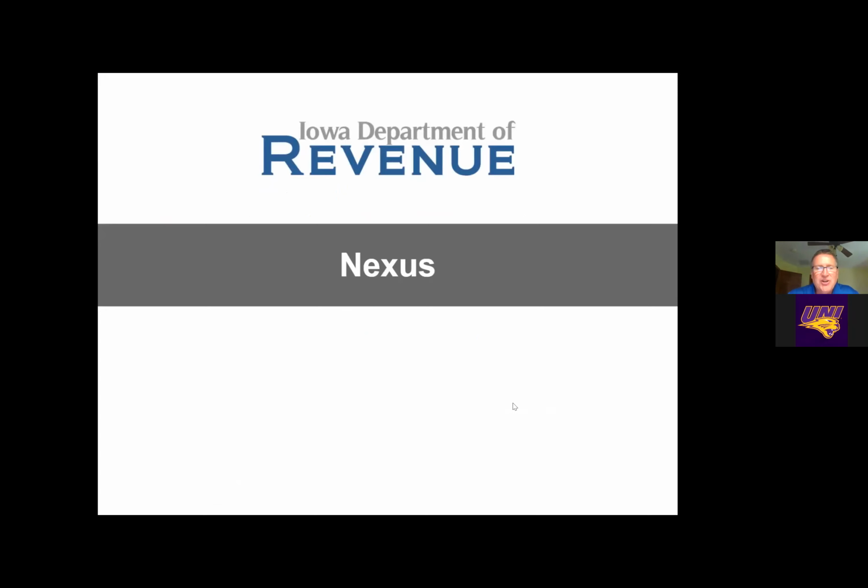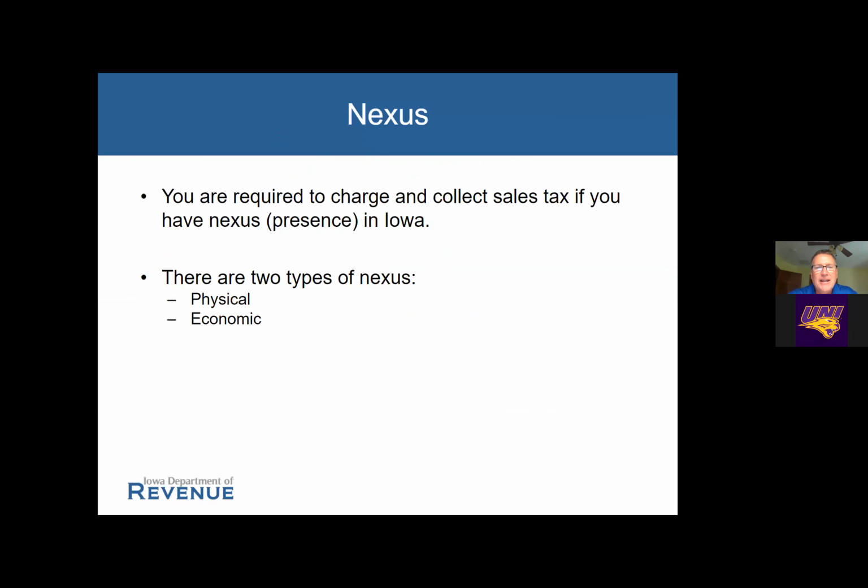A couple other things to mention here regarding Iowa sales tax. Nexus. Nexus is a fancy term that basically means that you are required to charge and collect Iowa sales tax if you have Nexus or a presence in Iowa. This is not new terminology or anything. There are two different types of Nexus within the state of Iowa.